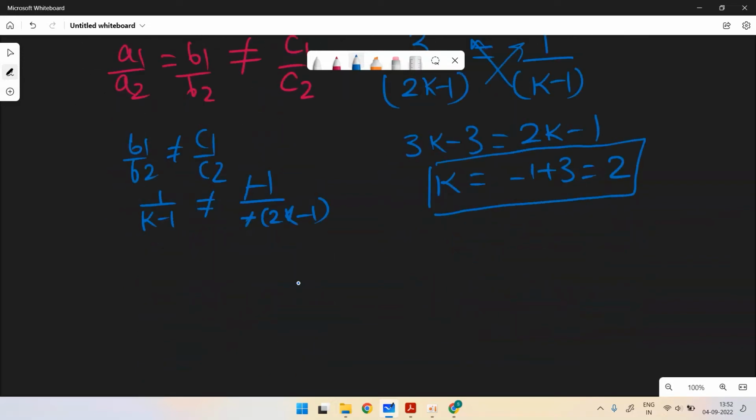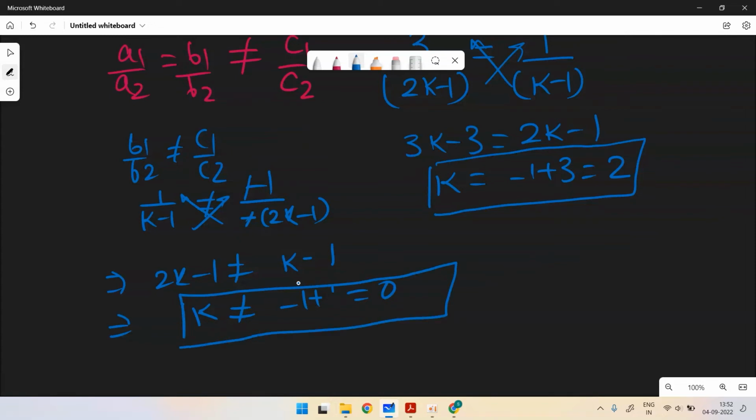If you cross multiply here, 2k minus 1 should not be equal to k minus 1, which implies k should not be equal to minus 1 plus 1, that is 0. Here k is 2, and here k should not be equal to 0.